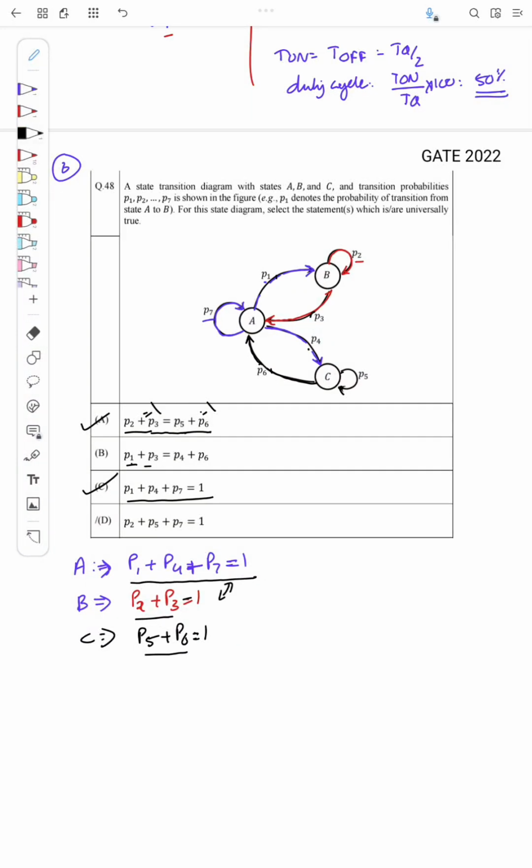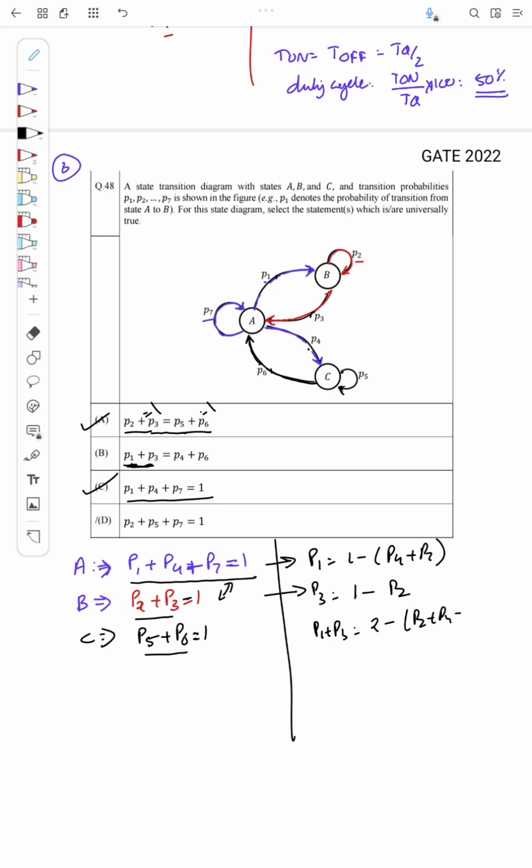Okay, now option B, if you see here, P1 plus P3 equal to P4 plus P6. We'll see whether it is correct. From here I can get P1 as 1 minus (P4 plus P7), and from here I can get P3 as 1 minus P2. So P1 plus P3 is equal to 2 minus (P2 plus P4 plus P7), and I'll put this as equation 1.